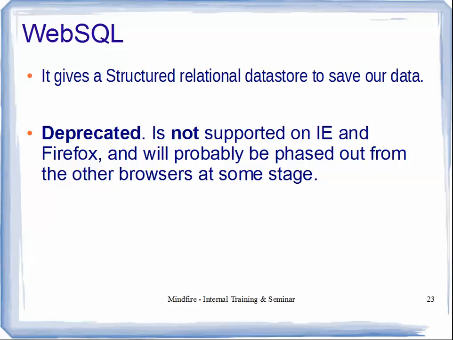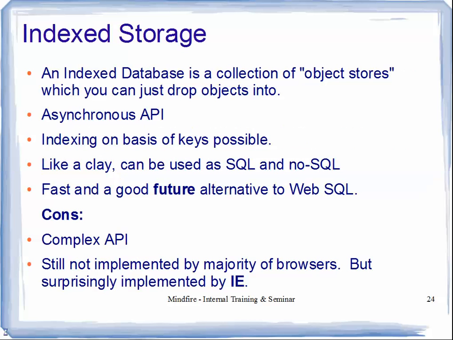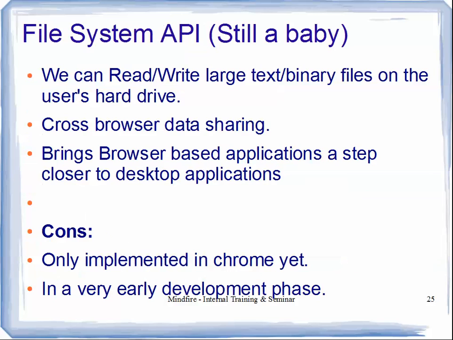Now IndexedDB. It stores the data as object stores, as JavaScript objects. But here also the problem is it is not supported by all browsers; Safari doesn't support it, though Chrome does. And the File System API is still not supported by all browsers.